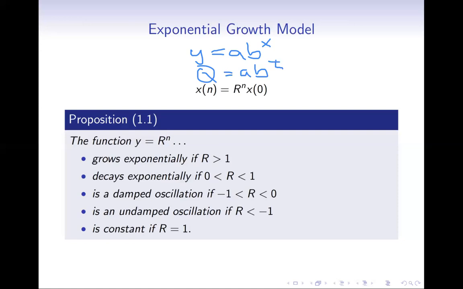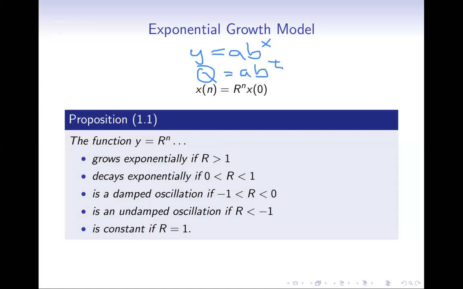So that aligns with the equation that we have, where the quantity we are interested in on the left, the population size at time n, is equal to the initial population x of 0, acting like our little a, and then a factor, capital R, that's applied to x of 0 n times.